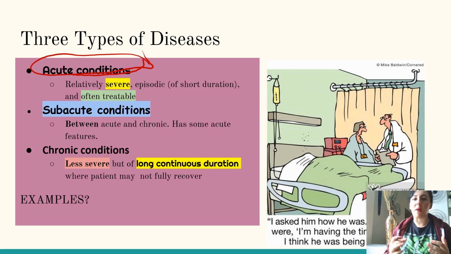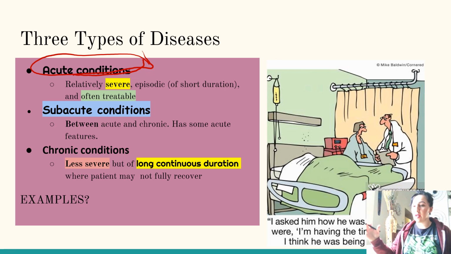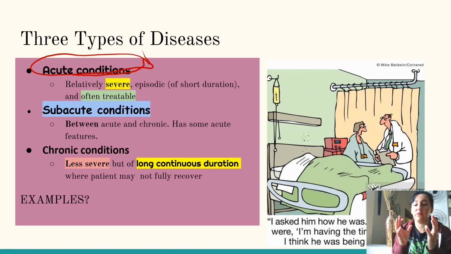They're normally episodic, which means they're not going to be there for very long. It's usually a relatively short period that you're going to have this condition. Okay, and that could mean because it's so severe that you don't make it, or they treat you and then your disease condition moves down a notch, so you're suddenly in another type of disease level.